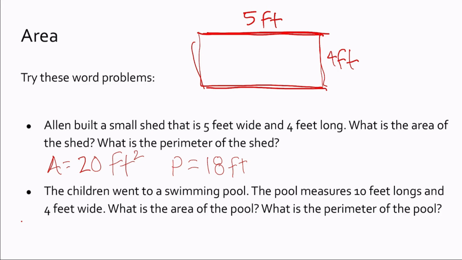The pool measures 10 feet long, 4 feet wide. What's the area of the pool? So again, I have 10 times 4 is going to give me 40 square feet. And the perimeter of the pool, if I have 10 plus 4 plus 10 plus 4, 28 feet.